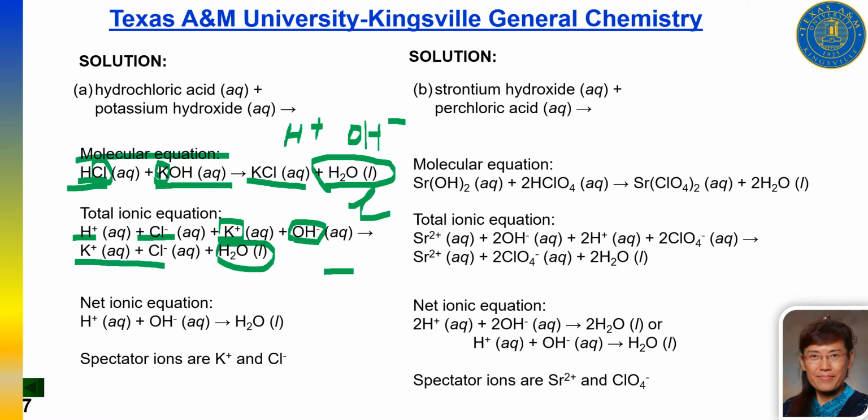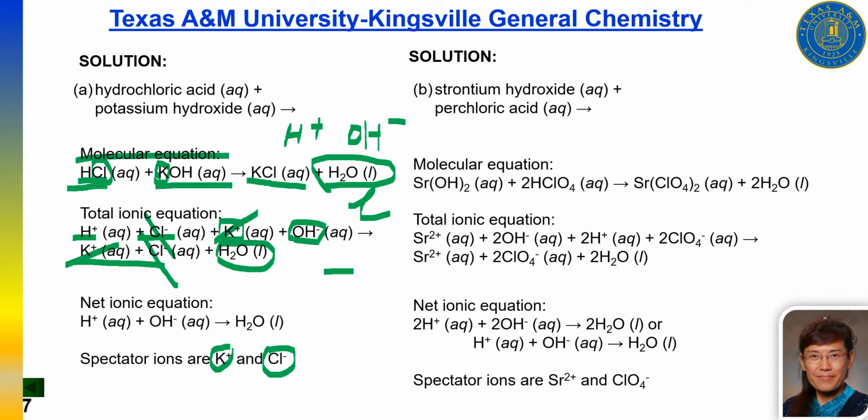From this reaction, you find two spectator ions. Which two are the spectator ions? Your potassium in reactant, potassium in product. Therefore, you eliminate your potassium. Similarly, your chloride in product, your chloride in reactants, you eliminate the second ion, chloride.